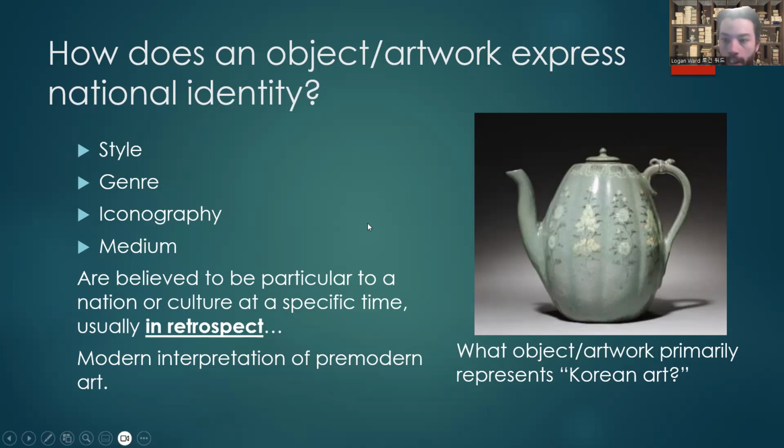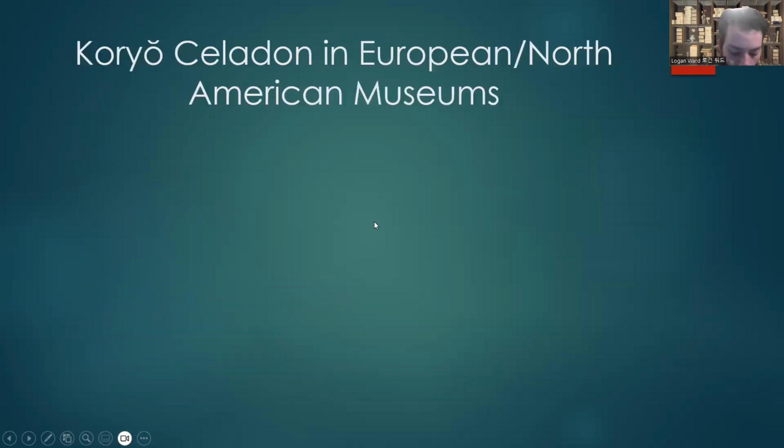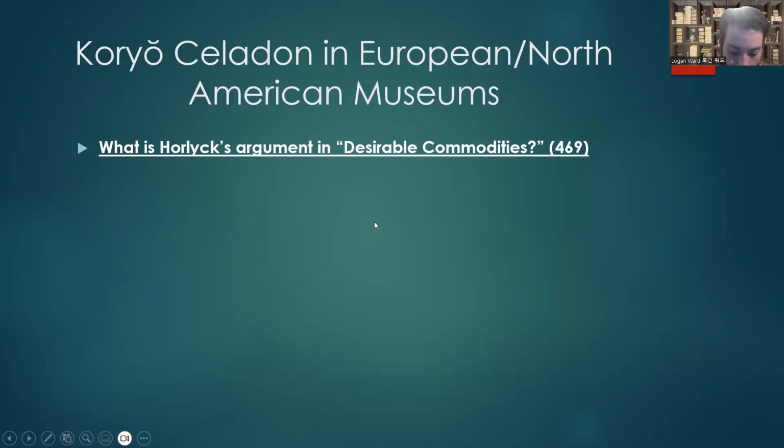Good. So, Claudia, Celadon. What was Horlick arguing about Celadon in European and North American museums in her article, Desirable Commodities, right? So everyone get out, if you don't already have it out, we're actually going to look at these articles a little bit more in depth today. So everybody get out the article, and I've put the page number here for you already, 469.